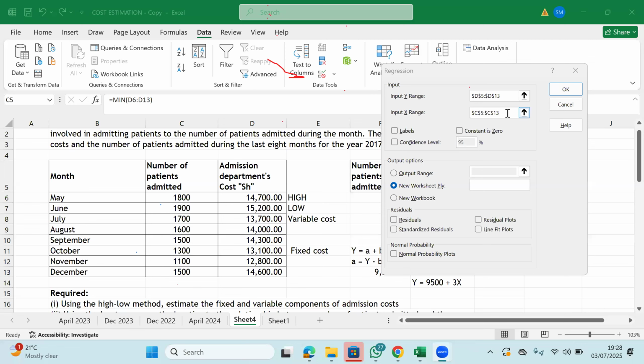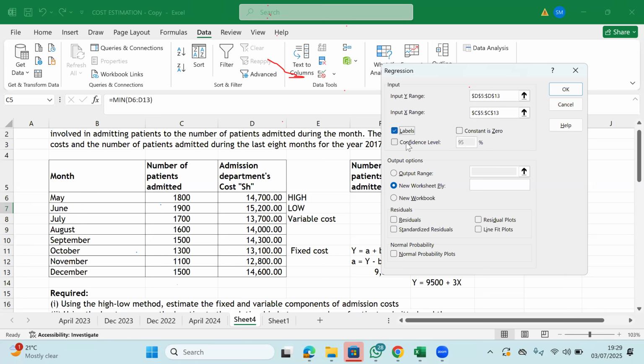So in our Labels, we need to define that the first cell that we selected is not numeric data, but a label. So usually, after selecting your range, you have to ensure that Labels is ticked, such that Excel would interpret that the first cell, as per what we've selected, is a label, not numeric data.